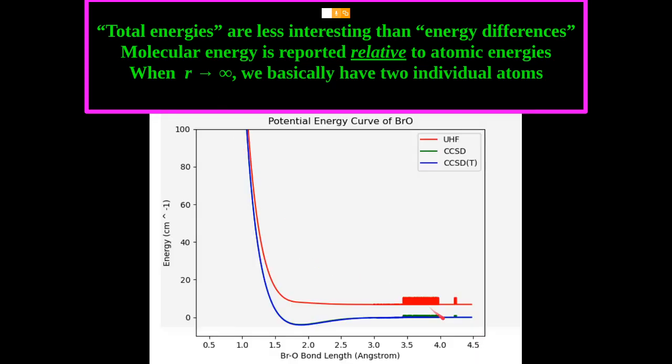That's why, when we look at molecular energy relative to the sum of the atomic energies, the molecular energy should be the same as the sum of the atomic energies when r equals infinity. So basically, the relative energy should be zero.